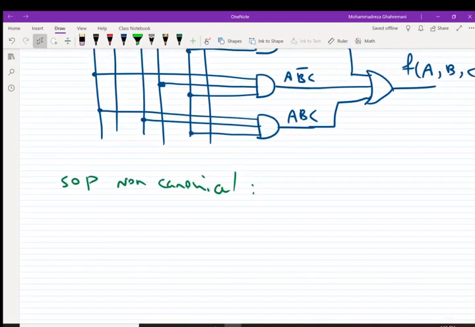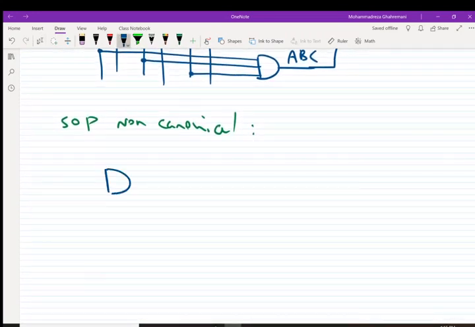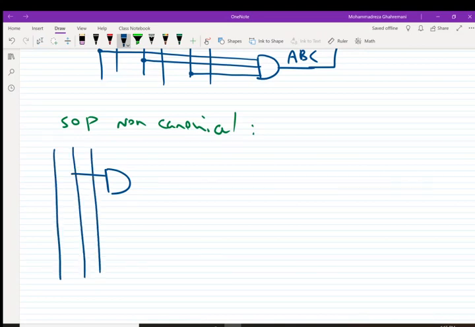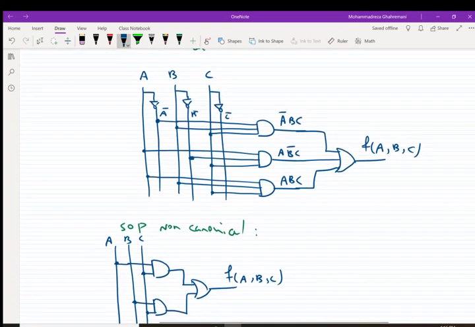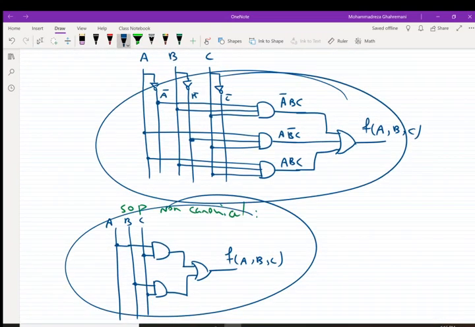So we have A, C, and we have B, C. We OR them together, and the function is f of A, B, C. So this one is the second design. You see how simple this non-canonical design is compared to the canonical.